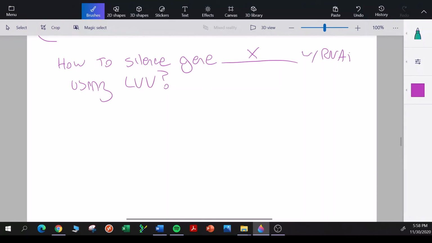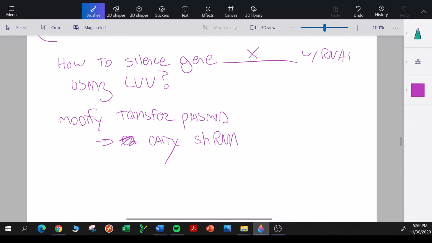If you're working with a mammalian cell line, you're going to use a lentiviral vector to get your gene into the mammalian genome. So essentially what we need to do is just modify that transfer plasmid. We're going to modify the transfer plasmid to carry the short hairpin RNA gene between the LTRs, right?